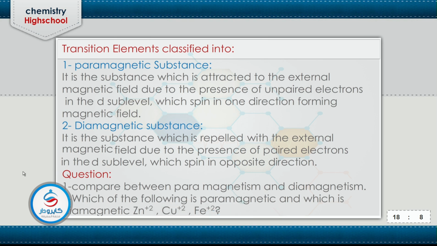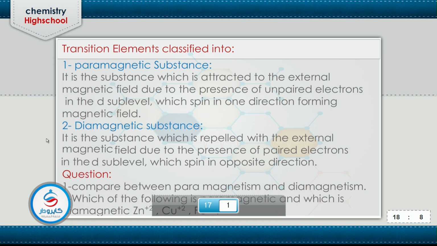We can solve this question when we write the electronic configuration of each ion and find whether the D sublevel is empty, completely filled, or has unpaired electrons. Then we classify the ion as a paramagnetic or diamagnetic substance.